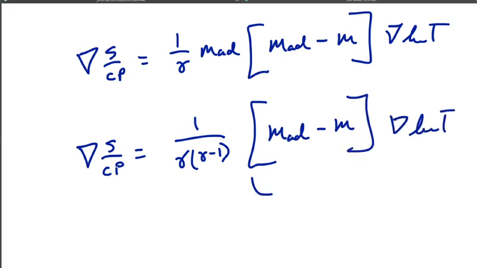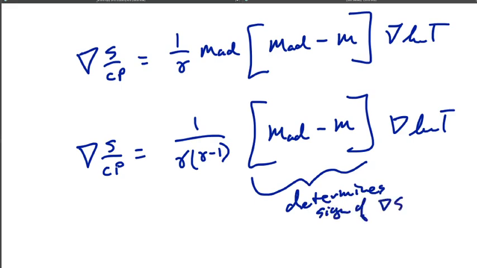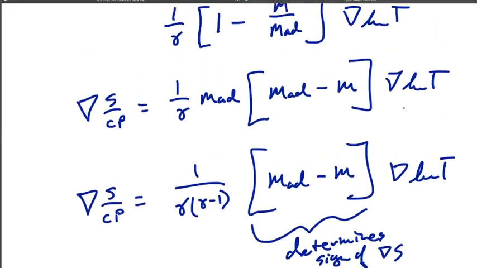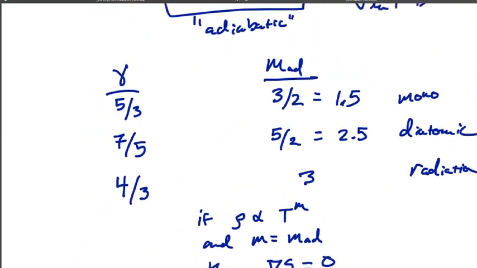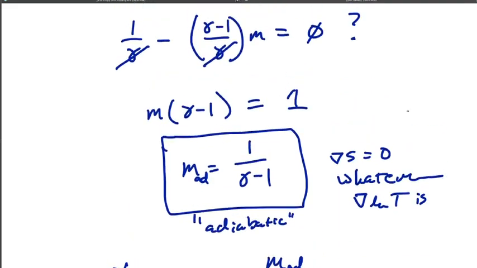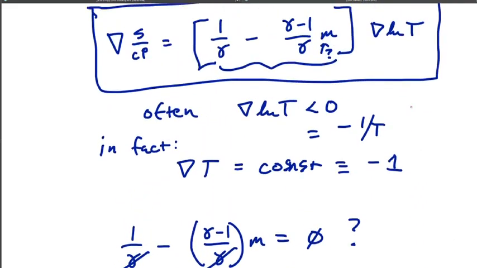So the sign of grad s is going to be defined by the relationship between m and m adiabatic. I need to look up here for a moment because I believe I've made a sign error. So let's go back and check what we have for our equations earlier.